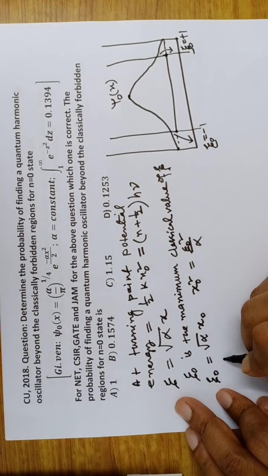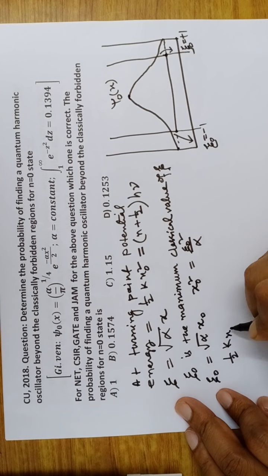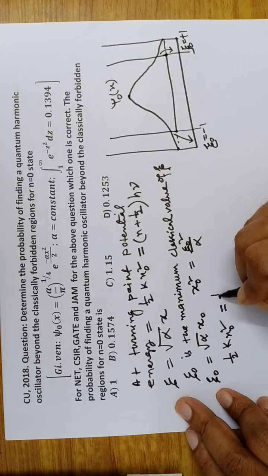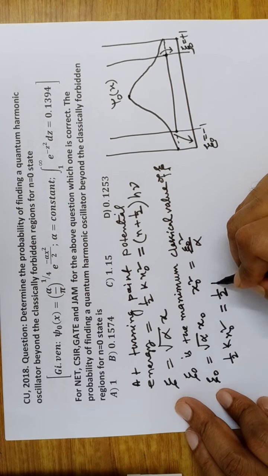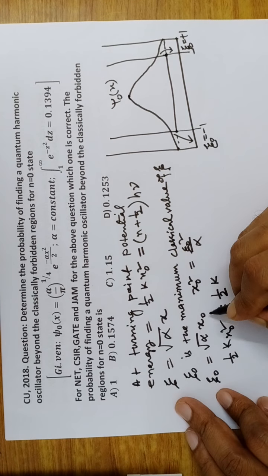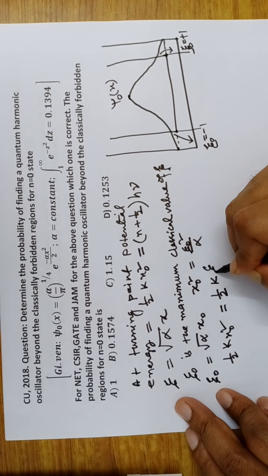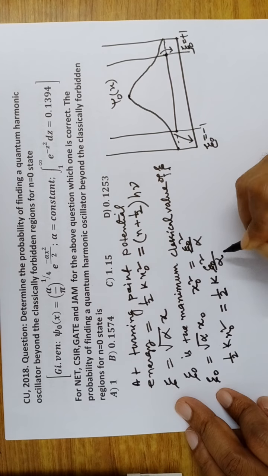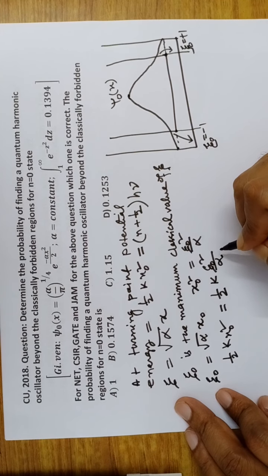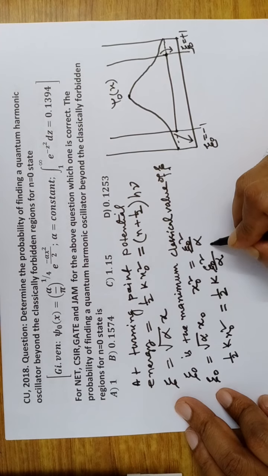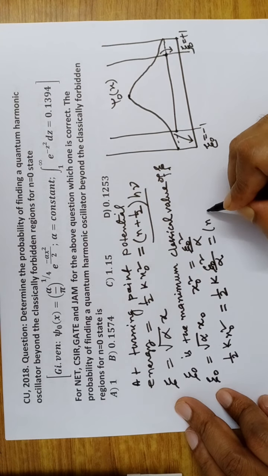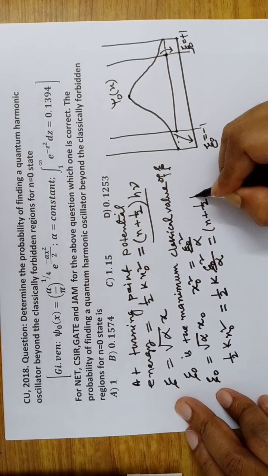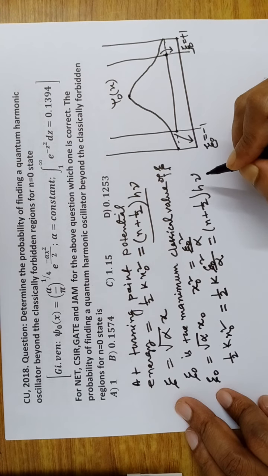Then half k x0 square. What happened? This is actually alpha, half, this half k, and the value of x square is zeta 0 square by alpha, and this must be equal to n plus half into h nu.